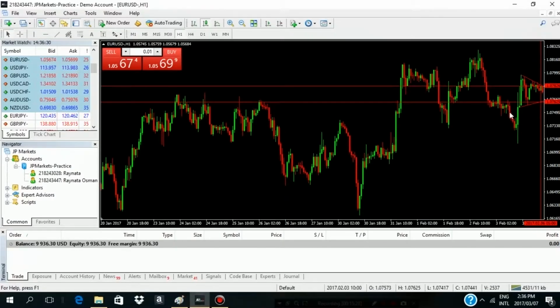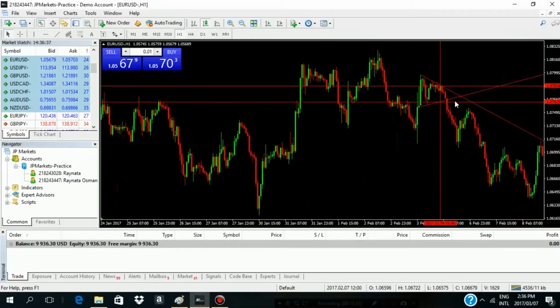Now, why we do this is because when we place our pending orders, we do not want to be inside of the triangle. So we want to make sure that if we are taken into the market, it is definitely by the triangle breaking out of support and resistance.